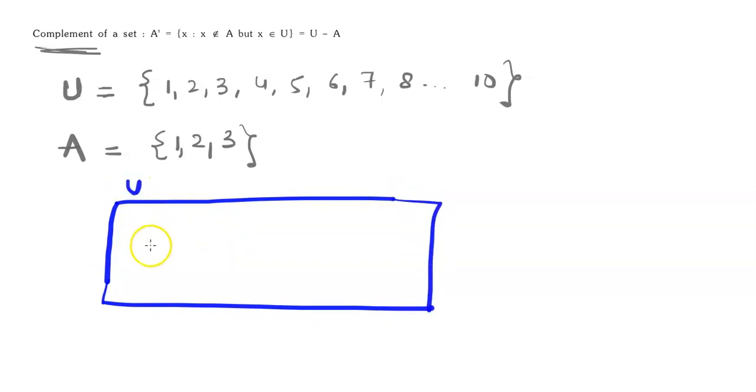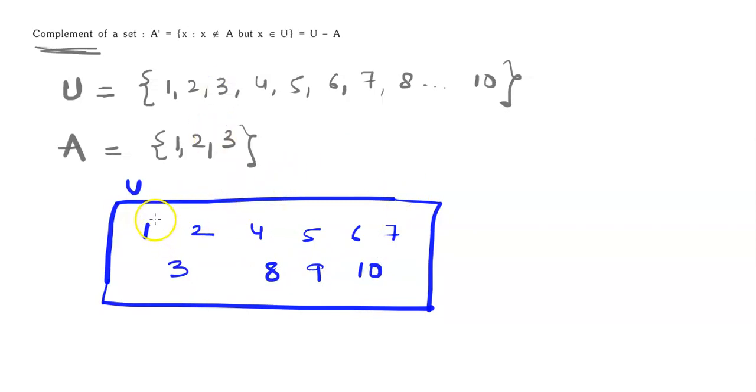Say there is a universal set U which has the values 1, 2, 3, 4, 5, 6, 7, 8, 9, and 10.